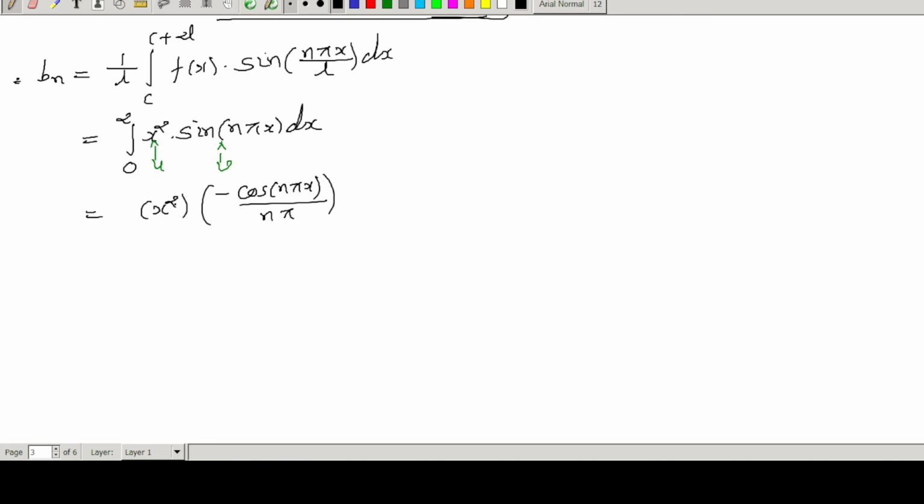Right. We are starting with plus sign, so opposite sign. Derivative of x square is 2x. Integration of this bracket, minus cos n pi x upon n pi, what is the integration? Minus sine n pi x upon n square pi square.